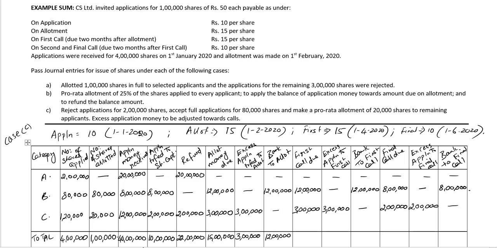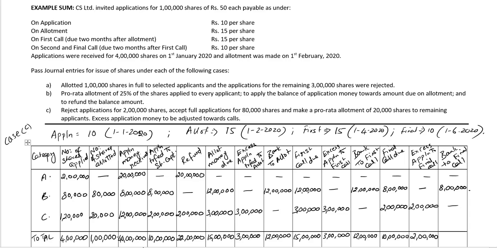First call money due 15 lakh total. Excess application to first call 3 lakh rupees total. Bank to first call, total 12 lakh rupees. Final call due, total 10 lakh rupees. Excess application to final call 2 lakh rupees.